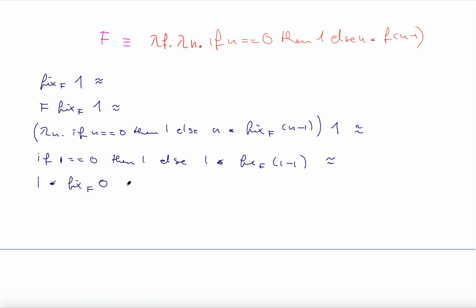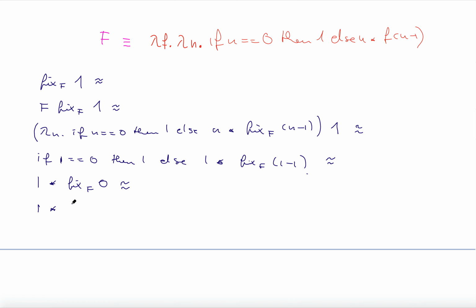Okay, so now you see that we are basically in the same situation as before. We started with fix f of 1, and now we have fix f of 0. And this is just what recursion is all about. So now we just keep on computing. The 1 times stays there, and we do the same step again. Maybe we can do it slightly faster now.